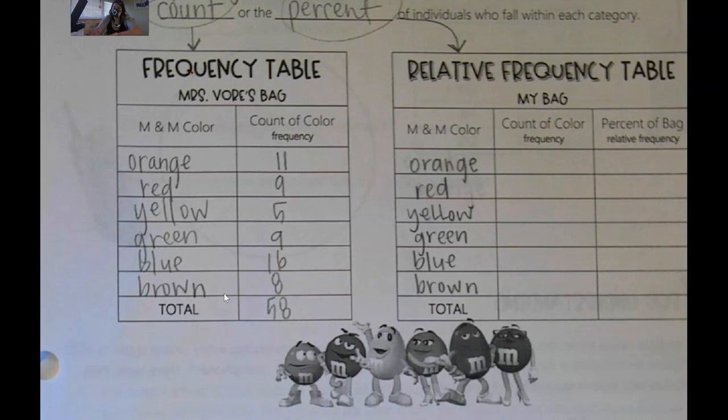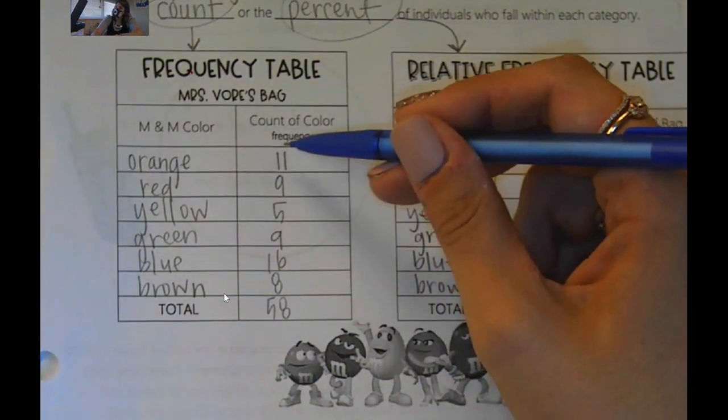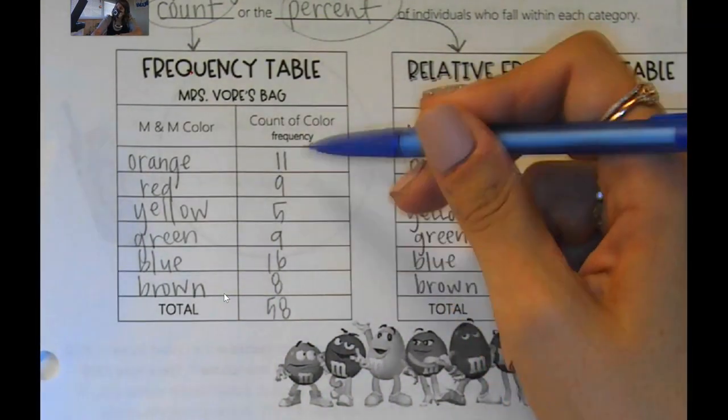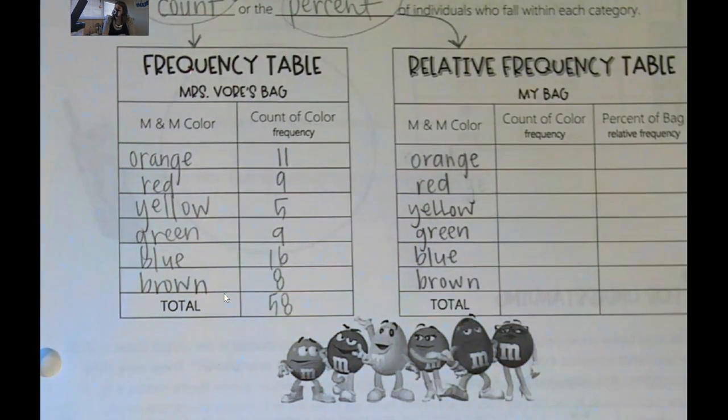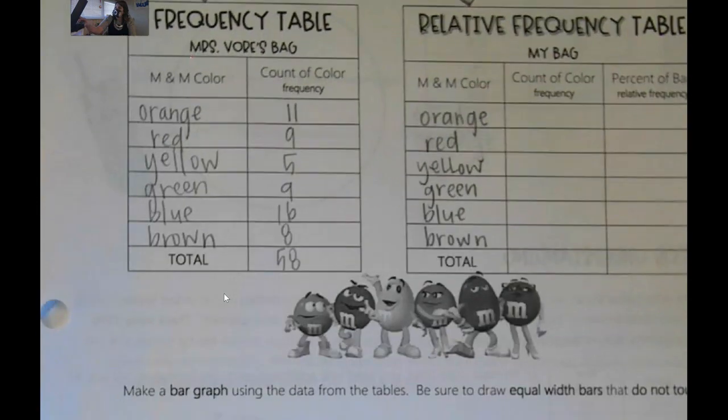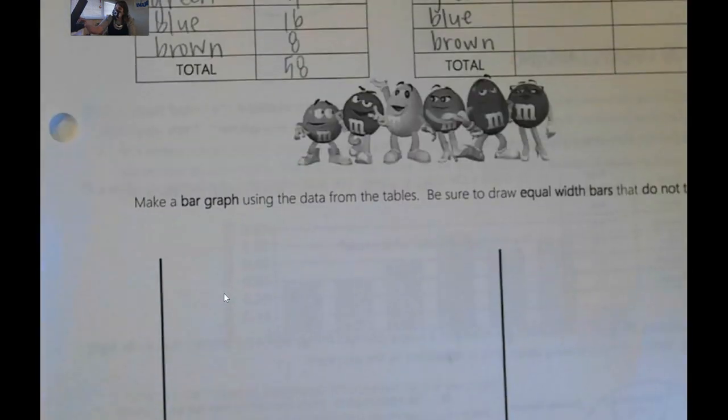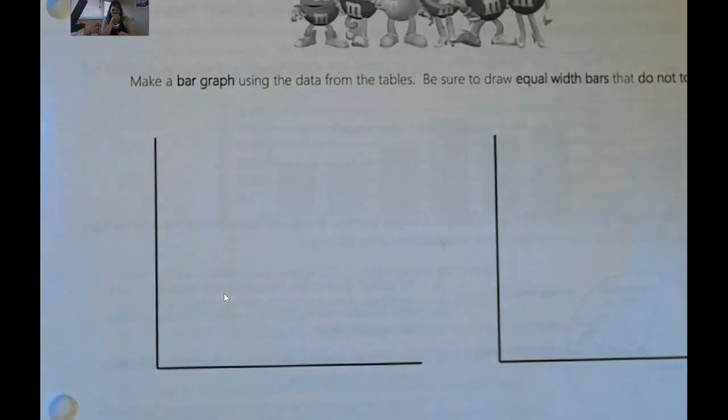Okay, so now we're going to take this frequency table and translate it to the bar chart below. One thing that's really important that we talked about last time is that you always need to scale and label your axes.